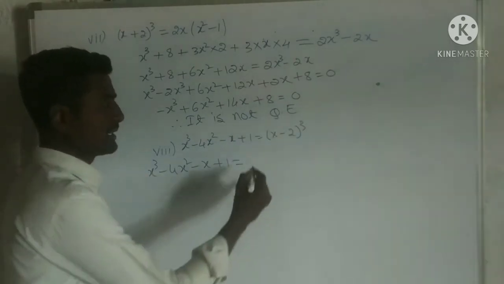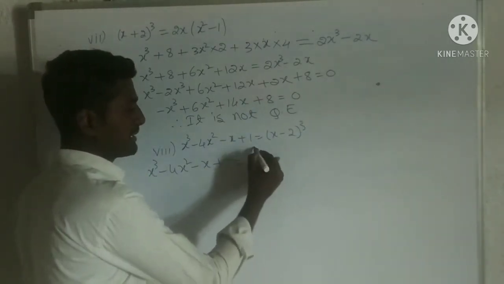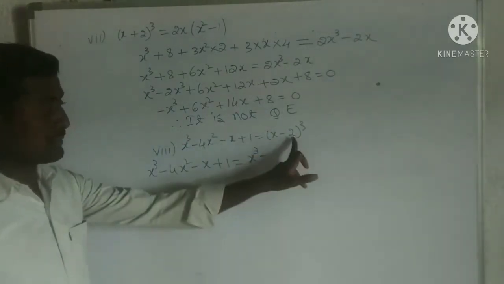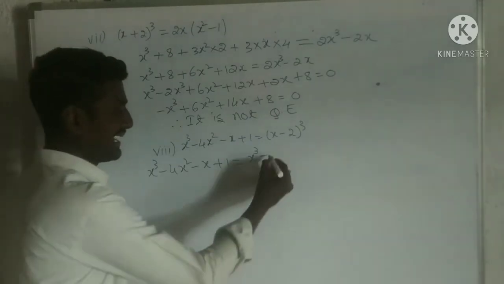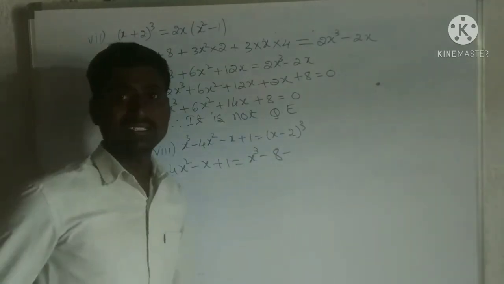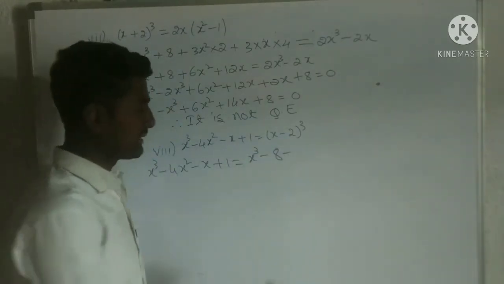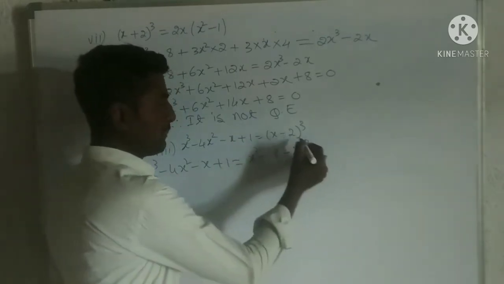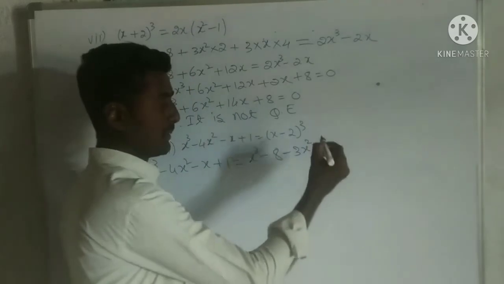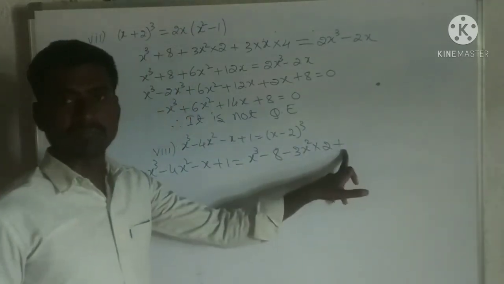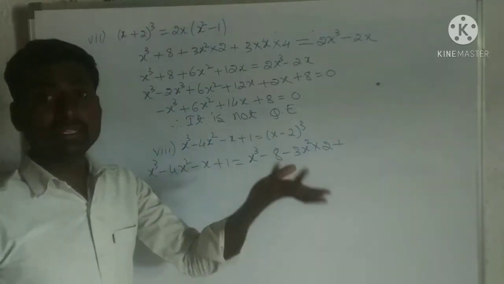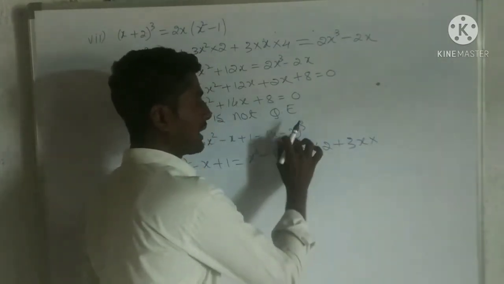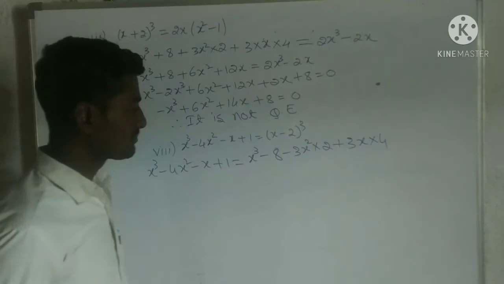It means a cube, x cube, minus b cube. b cube is nothing but 2 cube, it is 8, minus 3a square b. 3a square means x square, b is nothing but 2. Plus, here plus will come, plus 3ab square. 3a means x, b square, 2 square, it is 4.